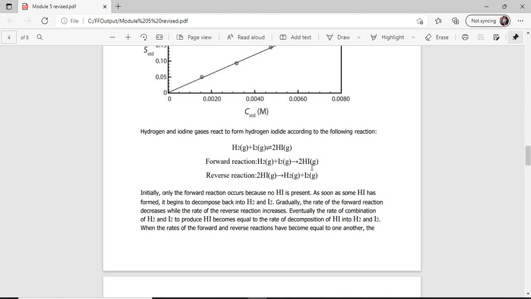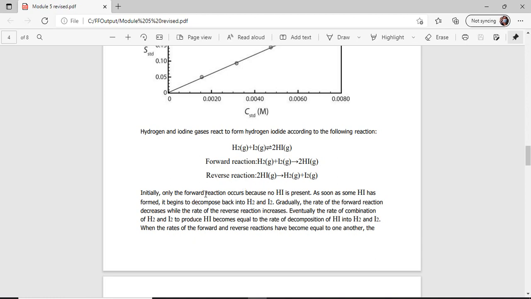But it can revert back. Your reverse reaction is that your 2HI can also break down into its main composition.